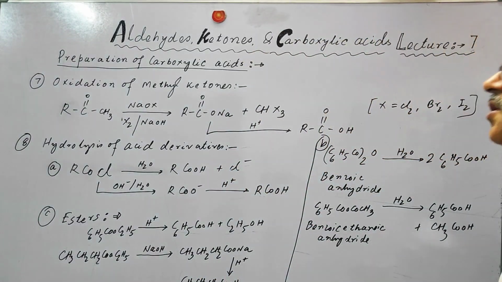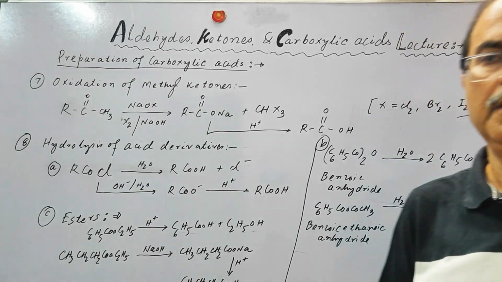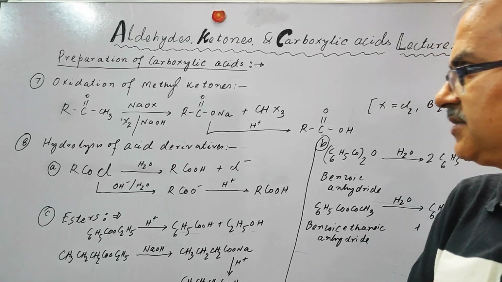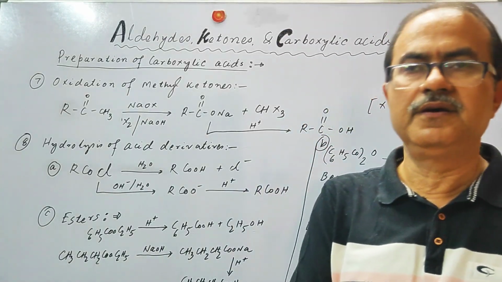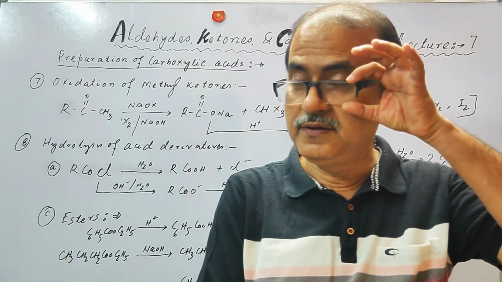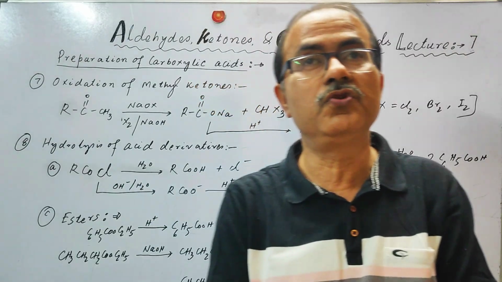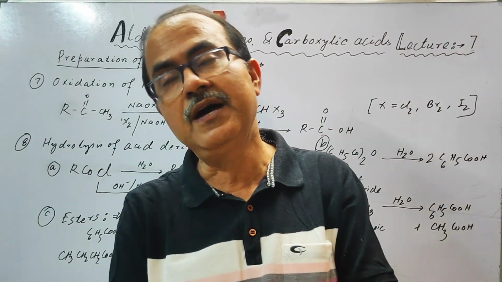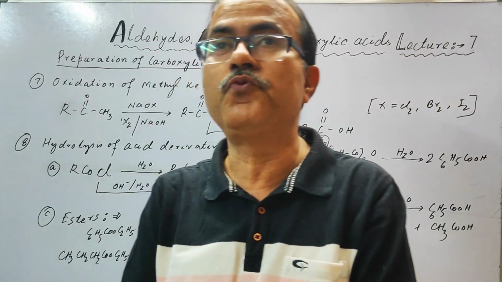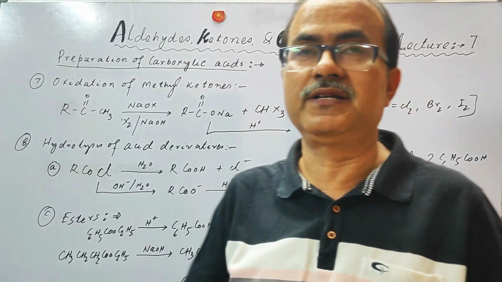So those are the preparation methods of different carboxylic acids that we have discussed. Both aromatic and aliphatic we have discussed, and a total of 8 reactions, and this will help you in the exam. This type of question will come. Everything is given, but you have to say what will be the product.